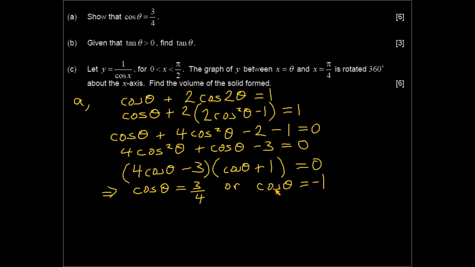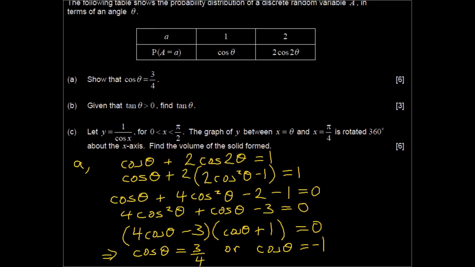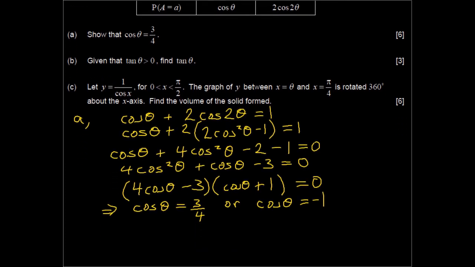Now this answer here doesn't make sense because, if we go back to the question, we're talking about probabilities here. So probability cannot be negative. So I can disregard this answer here. That one we can cancel out because probability cannot be negative.